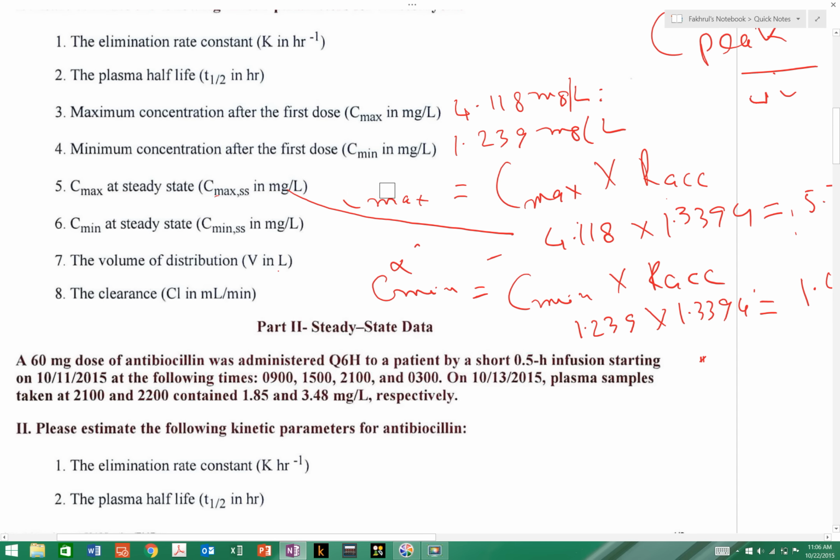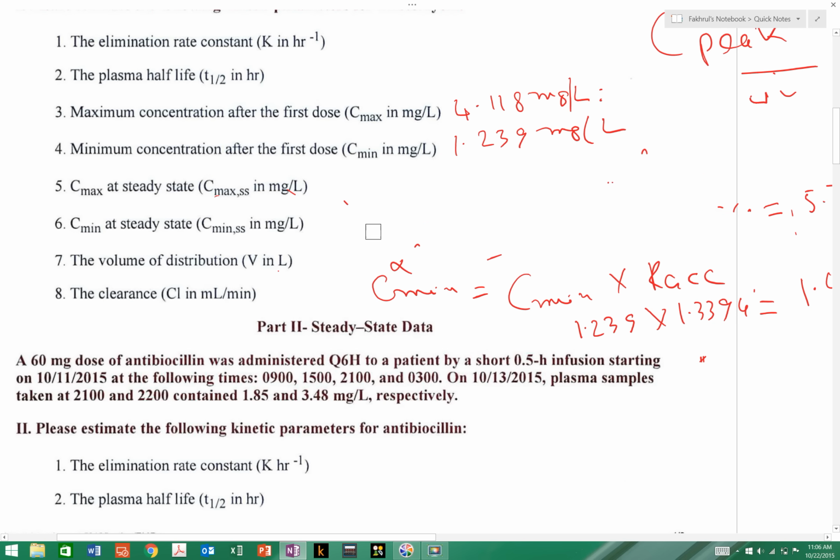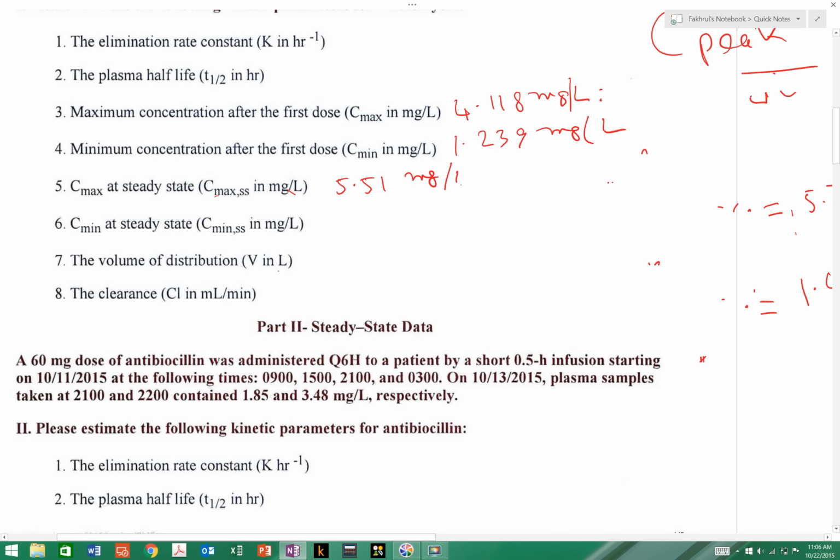So here you have your Cmax at steady state, 5.51 milligram per liter, and Cmean at steady state, 1.659 milligram per liter. I wish I had better handwriting, sorry.